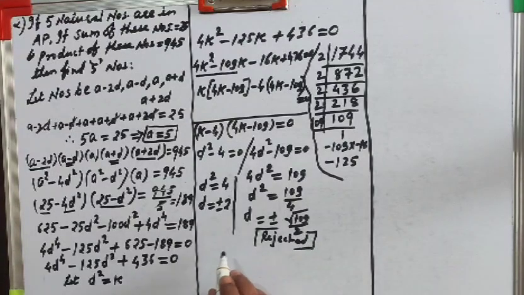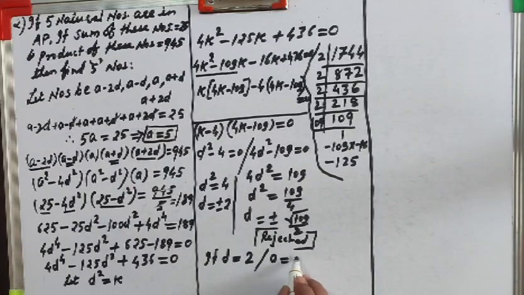Now I will proceed with d equal to 2 and a equal to 5. Which are the 5 numbers? The first number is a minus 2d, which implies 5 minus 2 into 2, that is 5 minus 4, which is equal to 1.